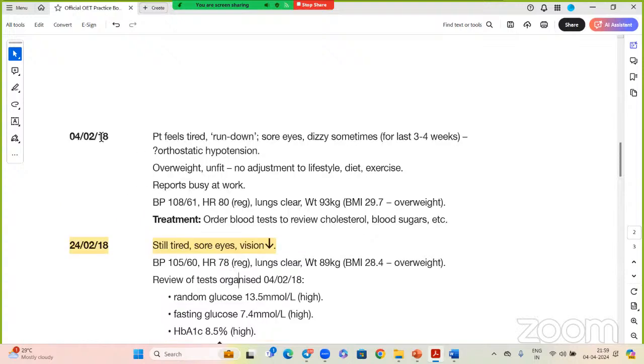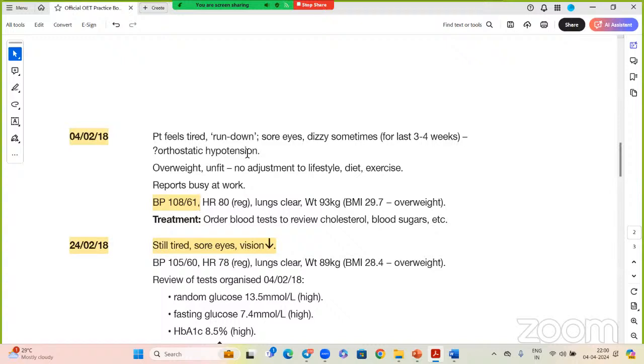So on 24 February 2018, he presented with, okay, here also he presented with sore eyes, dizzy. Okay, all these things you can take. So low blood pressure, this is what we have written. Okay, low blood pressure.